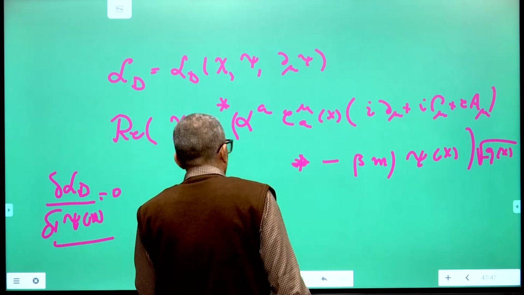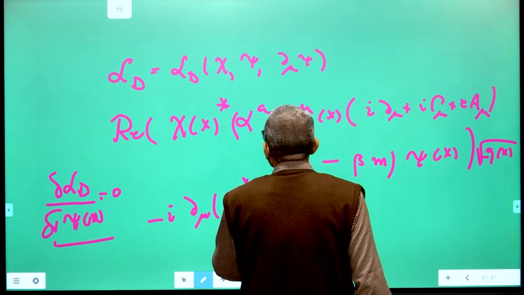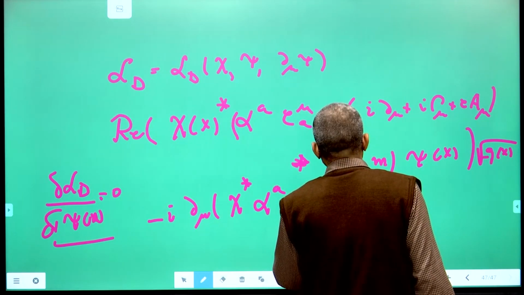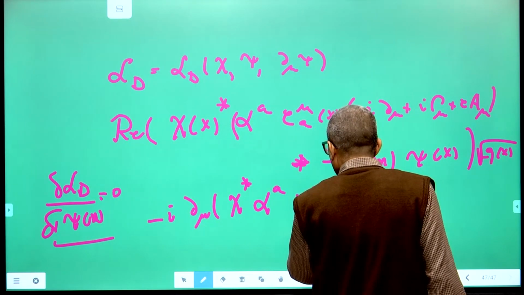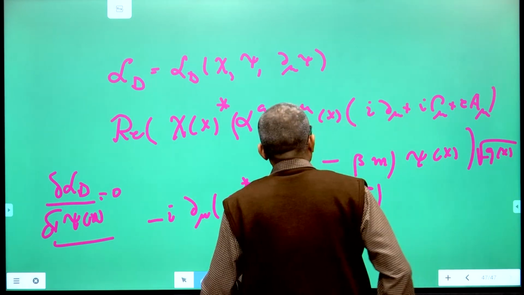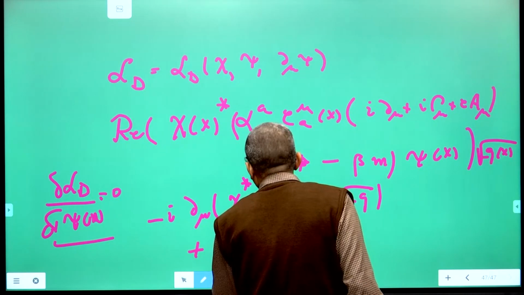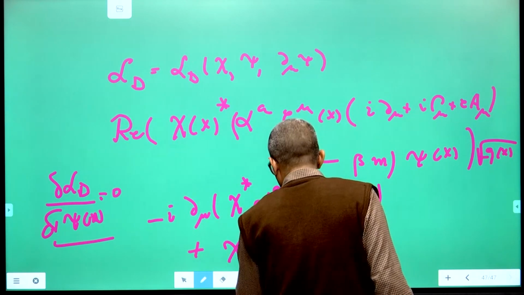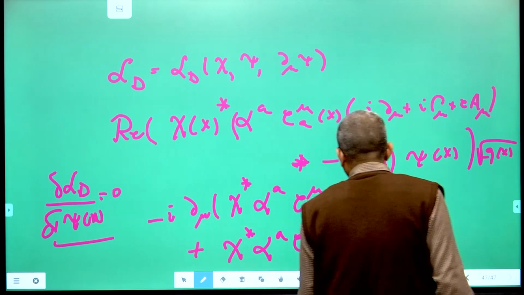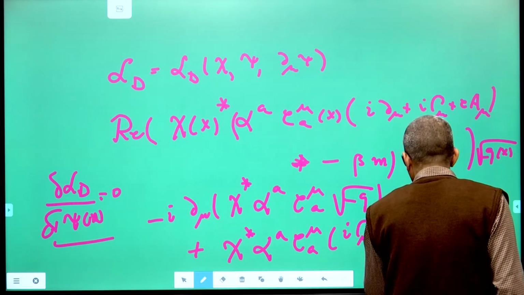You get minus i dou mu of chi star alpha A, then E mu A root minus g, and apart from that you get terms like chi star alpha A E mu A multiplied by i gamma mu plus E A mu.